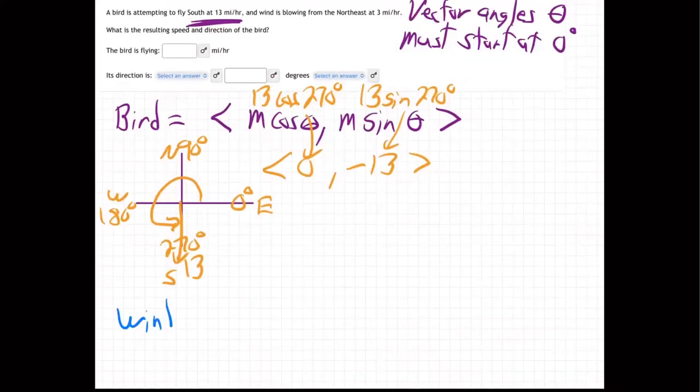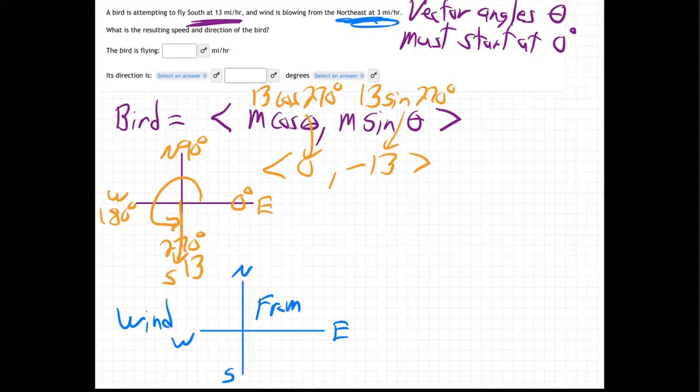So now for the wind vector, I'm going to draw a little axis system again. Now here's again north, south, east, and west. The wind is blowing where? From the northeast. So it's from up here, meaning it's blowing straight that way, isn't it?